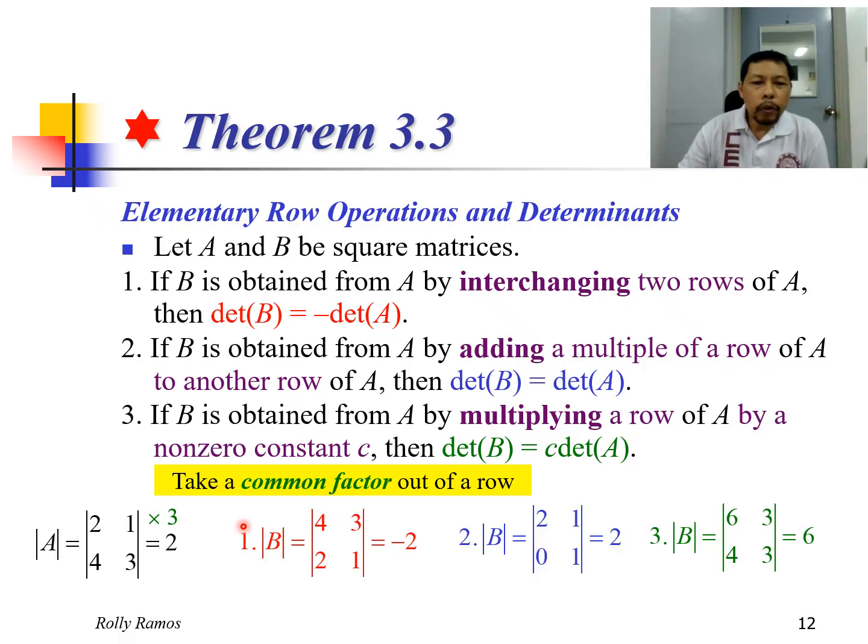And we could also take a common factor out of a row, and it will not change the value of the determinant. Okay, so let us have an example showing the use of these elementary row operations.